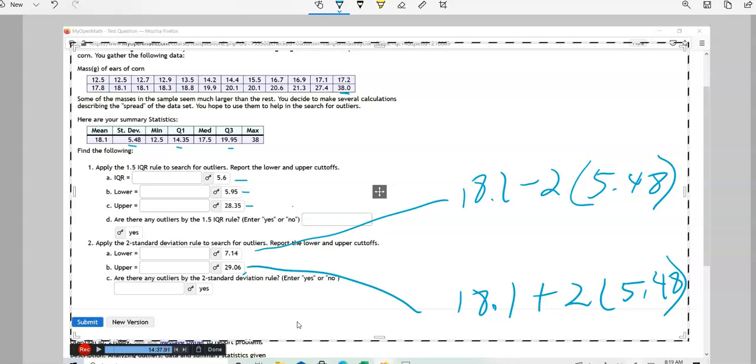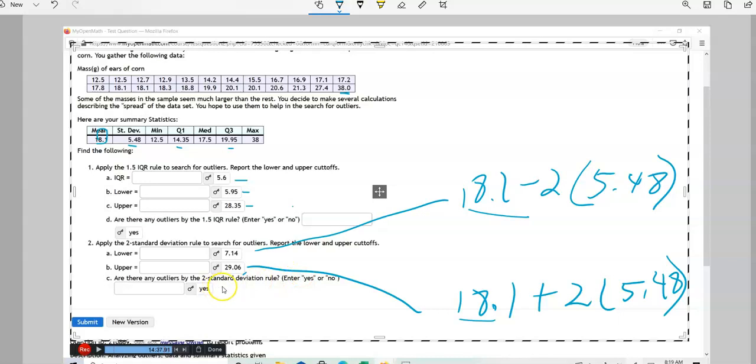Anyway, the two standard deviation rule is simply you take the mean right here, 18.1, and you subtract two standard deviations from it to get the lower number, and you take the same mean and add two standard deviations to get the upper number, okay?